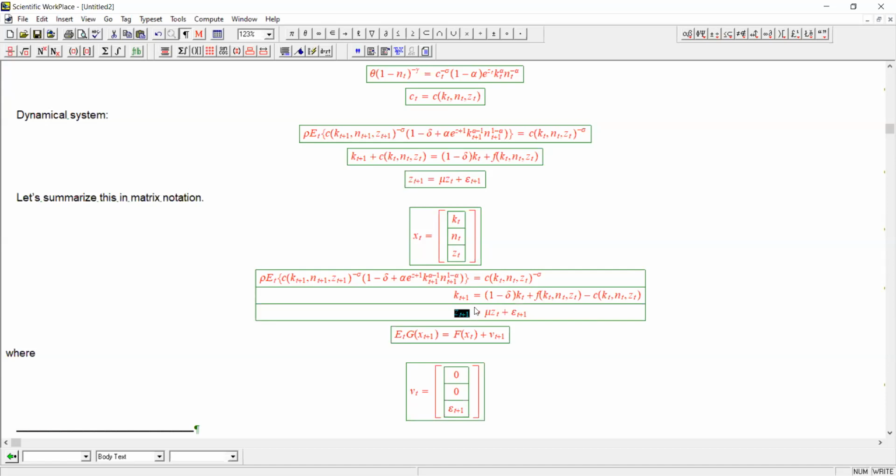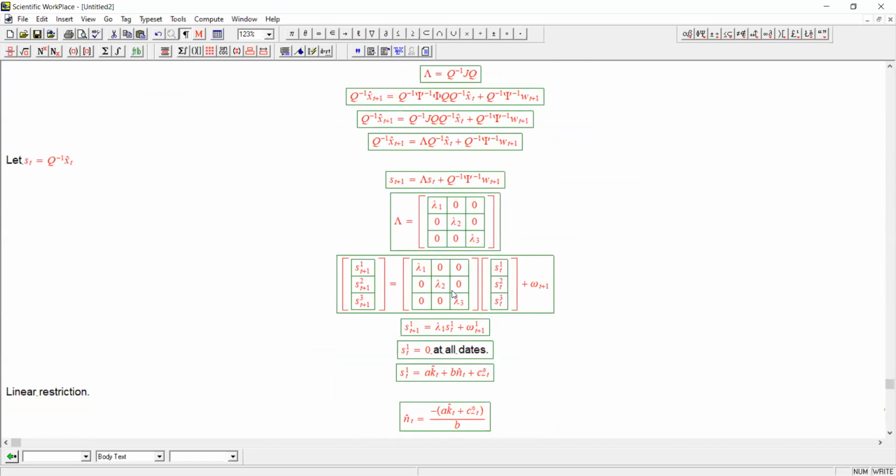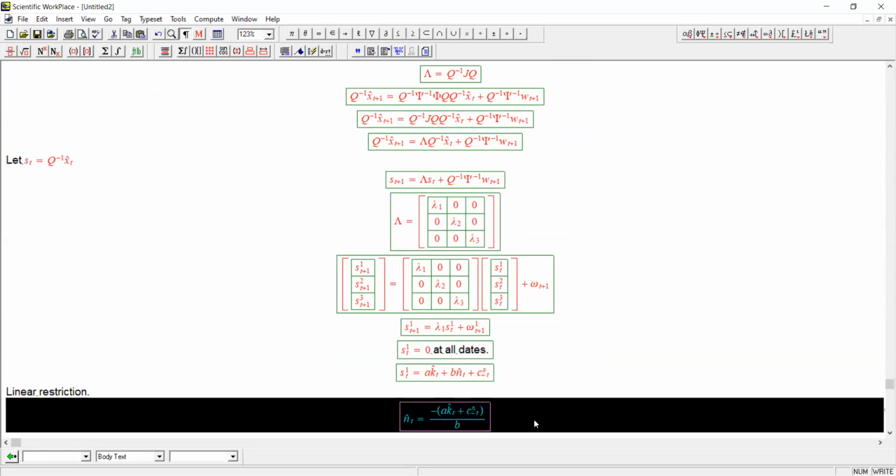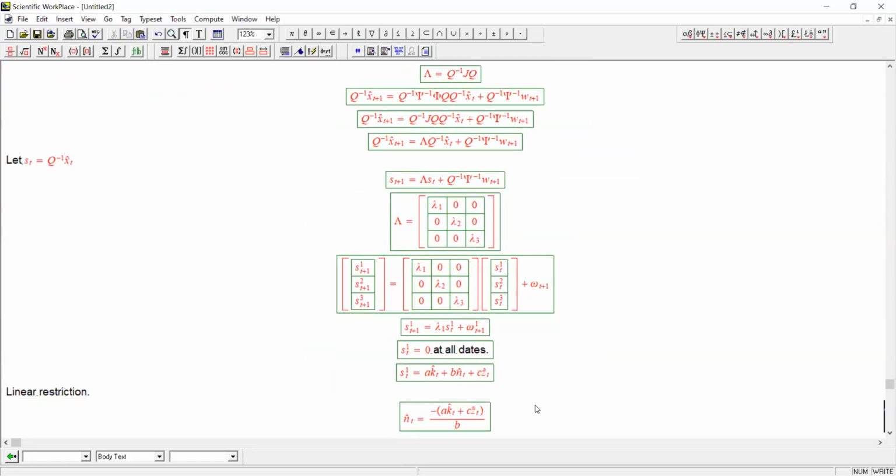It gives us this. This equation pins down that. So next period, we know what k_{t+1} and z_{t+1} will be. We wake up the next period, and again, we know what n_{t+1} has to be because it has to satisfy this condition. And that's how we can simulate this model with aggregate uncertainty.